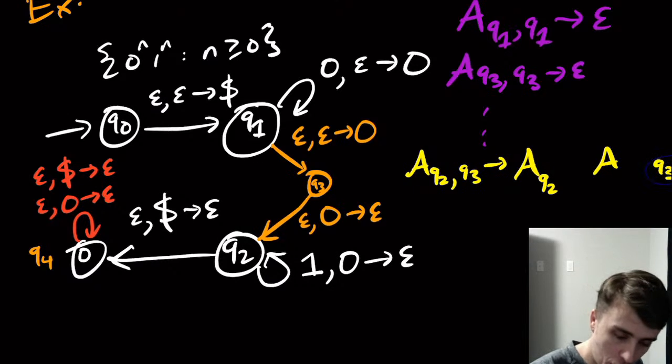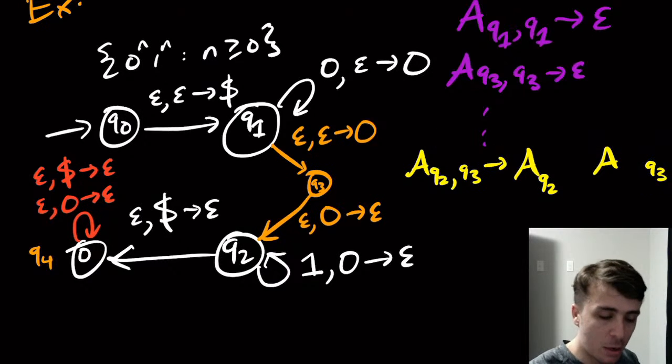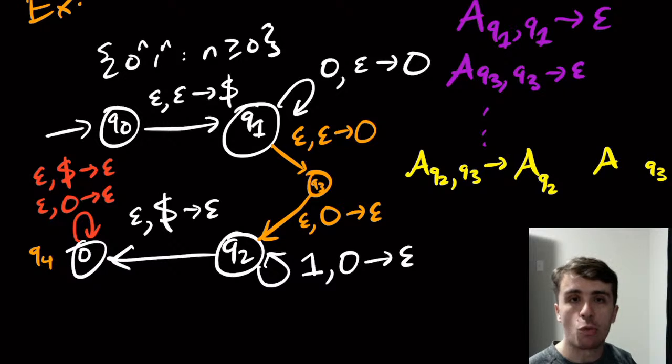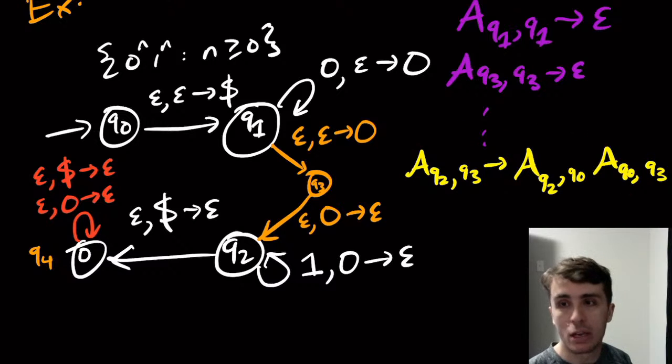Oh, that went too far off screen. Let me move that. Then what goes in the middle, you can pick any state that you want as long as it's the same in both cases. So let's say I pick Q0 in both cases. Okay, so that would be one rule that you can make.